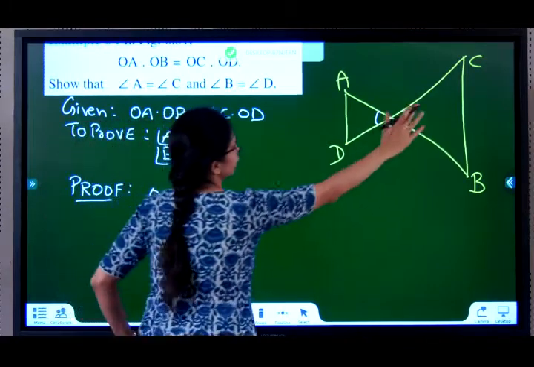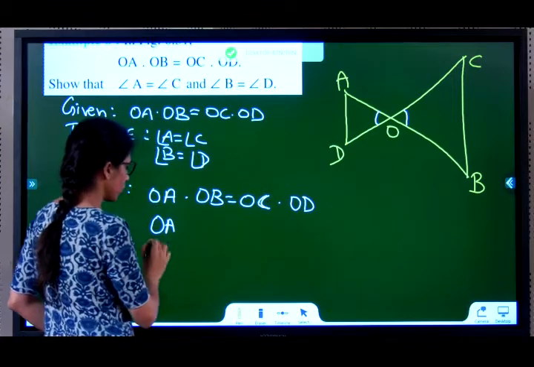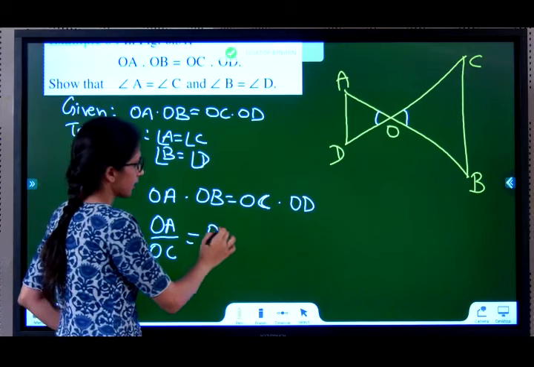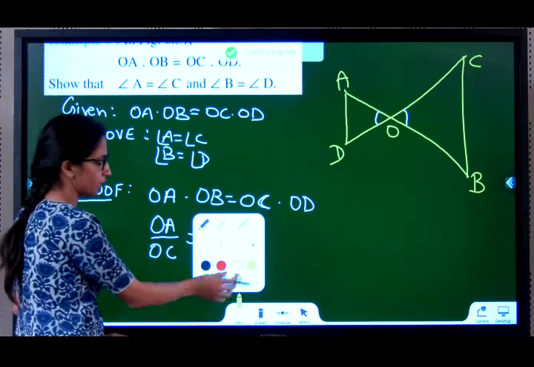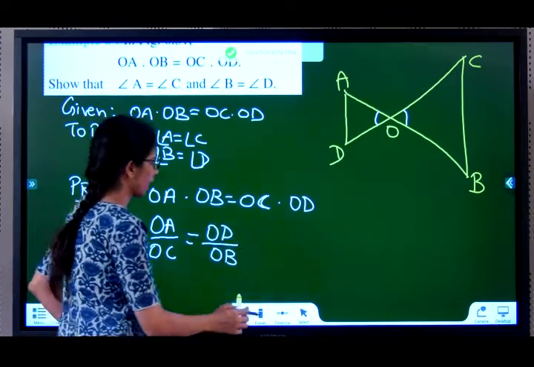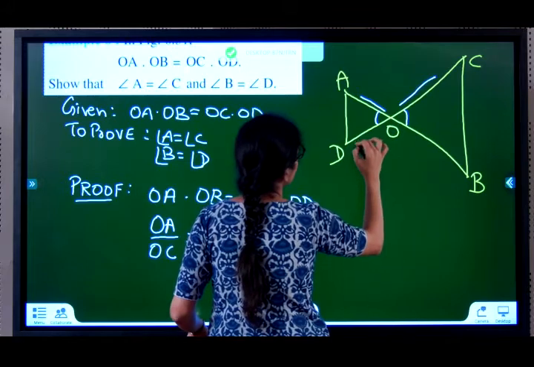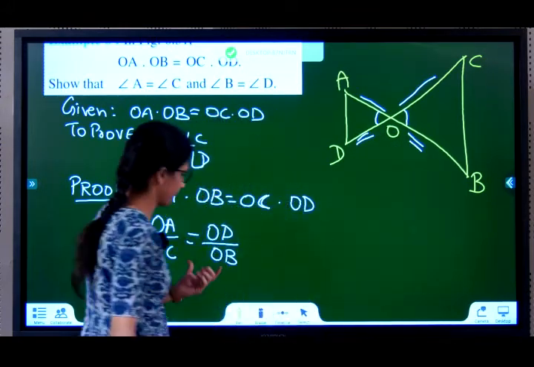In triangle 2, OC and OD, whose triangle 2? OC. So, bring OC down. OA by OC is equal to OD is triangle 1, OB is triangle 2. Understood? How did I choose to rearrange? So, I took OA by OC is equal to OD by OB.